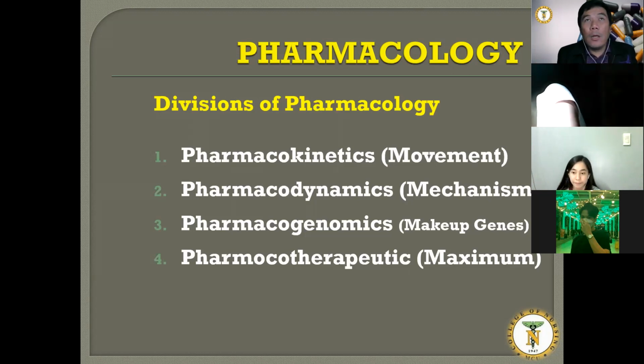When we talk about the route of administration being intravenous, it's still related to pharmacokinetics. If you have given the drug topically by skin, it is still related to pharmacokinetics. If the drug components are broken down by the hydrochloric acid in the stomach, it is still pharmacokinetics, as long as it is within the boundaries of absorption, distribution, metabolism, and elimination, and this will be further discussed as we go on with our discussion.